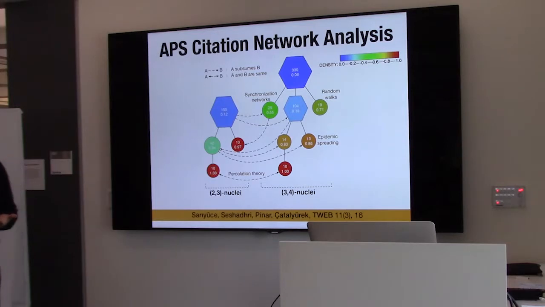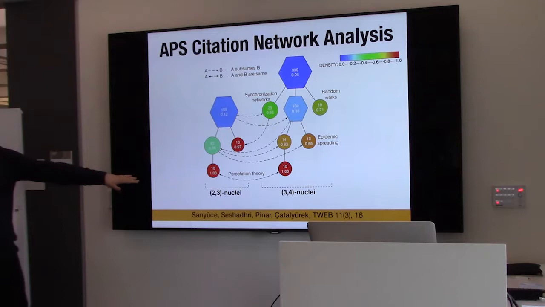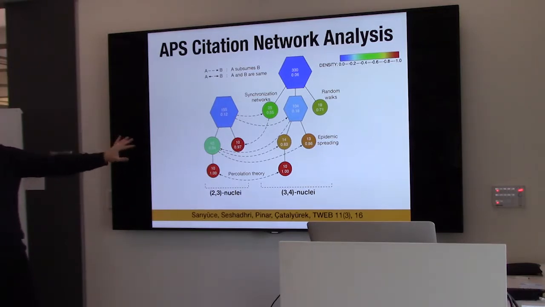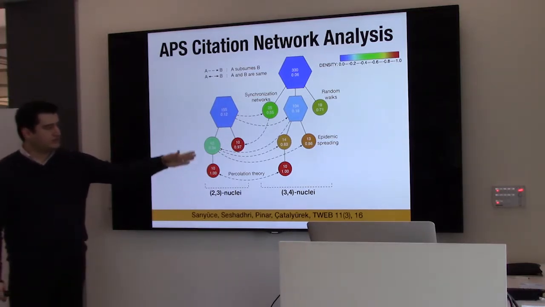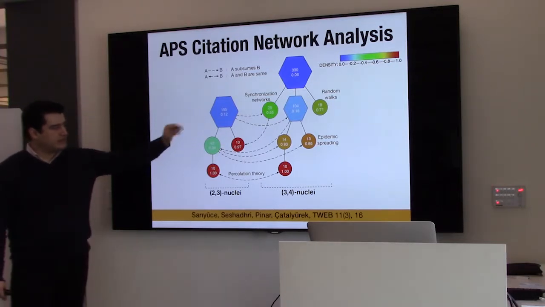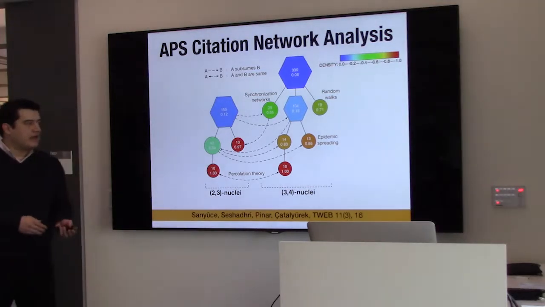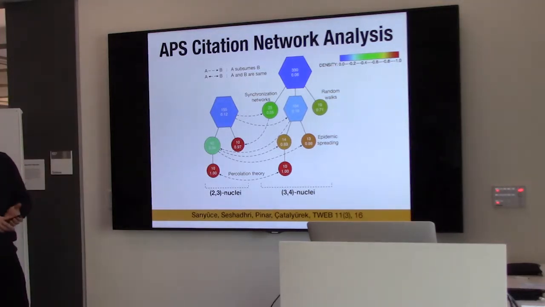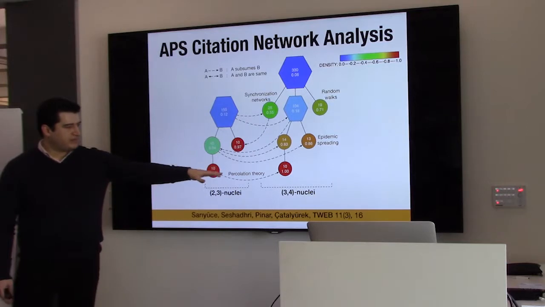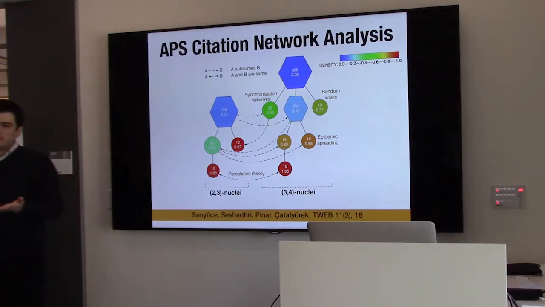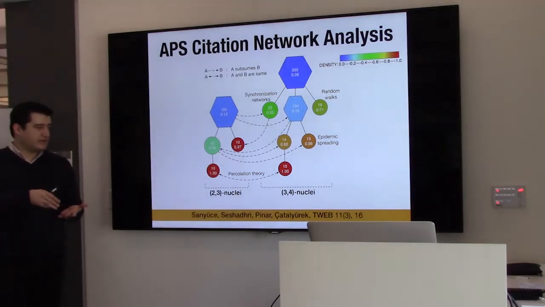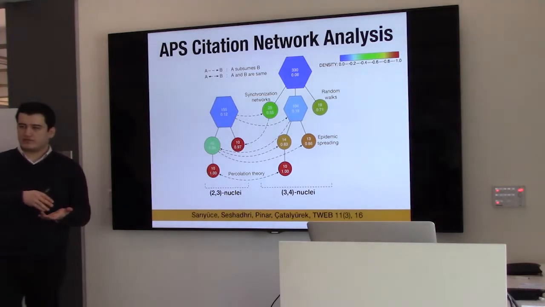So on the left, I have the 2-3 nuclei, parts of the nuclei basically, for these 2 seminal papers, and the smallest subgraph that contains those 2, and this is the 3-4 nuclei. And the graphs that I basically obtained correspond to papers on the same subjects. So, for instance, those 10 papers which are just citing each other in the timeline, creating a clique, are all about percolation theory.